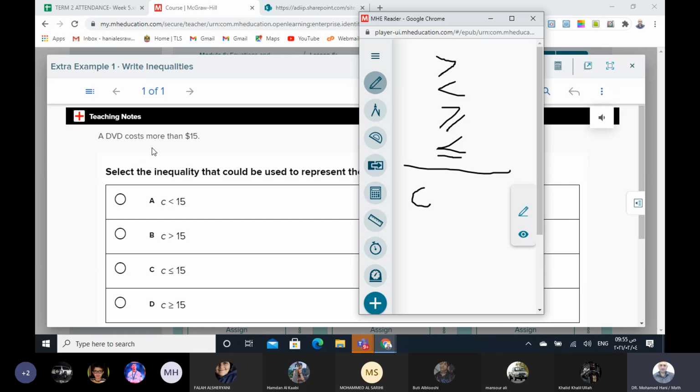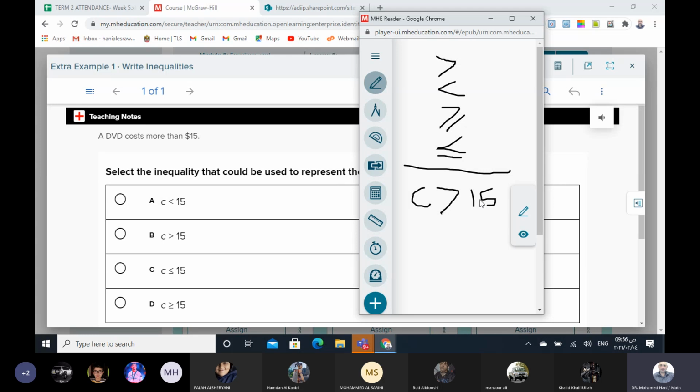What's the meaning of more than? More than means greater than 15. So we can write C greater than 15. The name of this form is inequality.